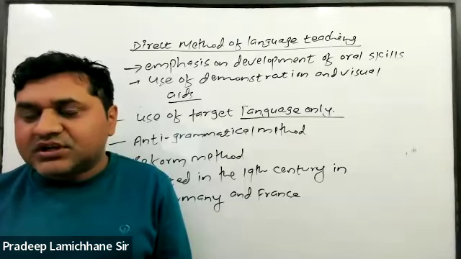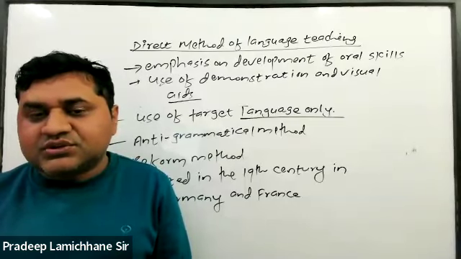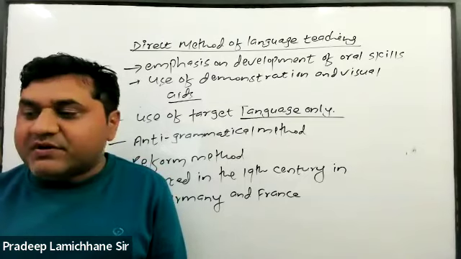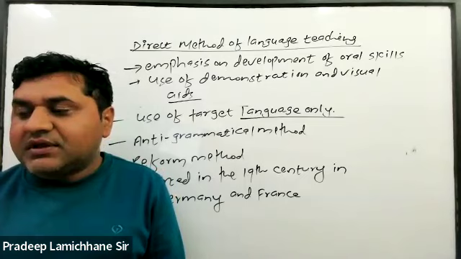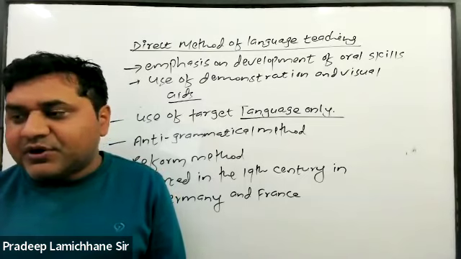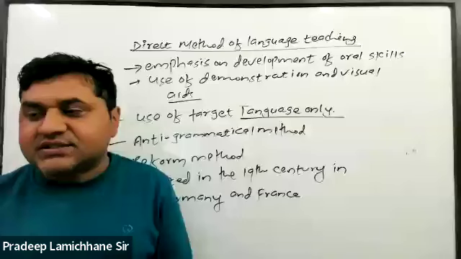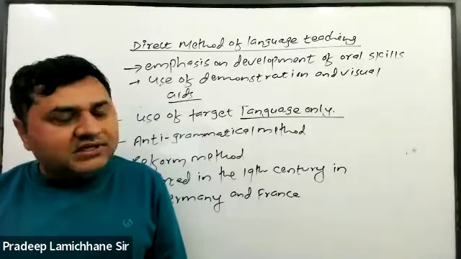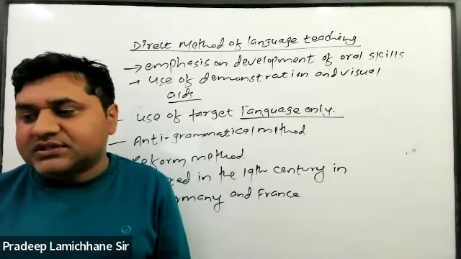Learning language means to be capable to use it in speaking form. That's why language is primarily speech. It is an assumption of this method. And the purpose of language learning is communication. Why learn language? According to direct method, language learning is for communication.